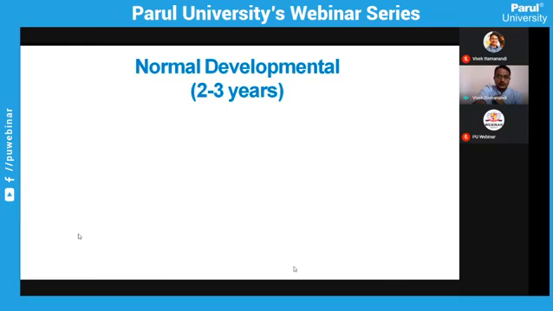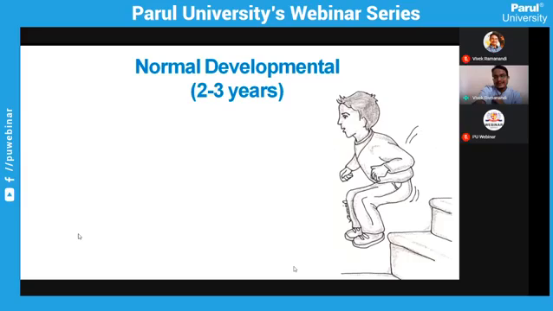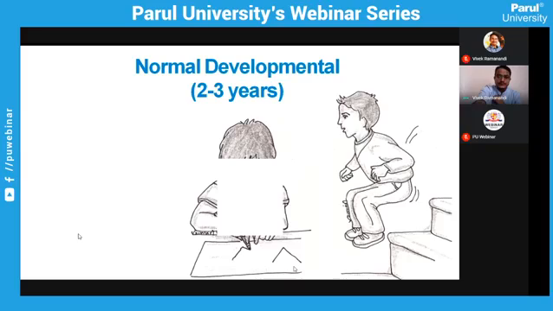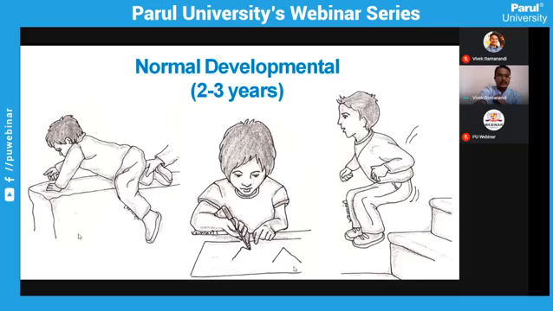Now at 2 to 3 years, the child can jump from the lower steps, but keeps both feet together. He can start writing or imitating the writing of V, Y, W, and it becomes risky for the child because the child's exploratory activities are increased. The child does not know about the risk, and that is why we have to take much care.